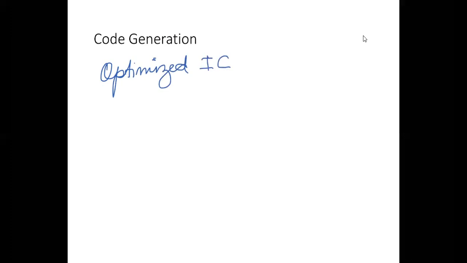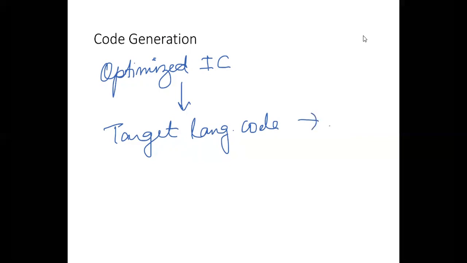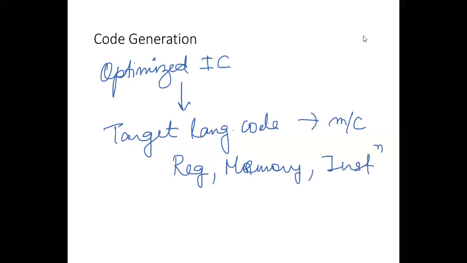If this target language code is your machine language, then you have to see what registers to use, which memory locations to use, which instructions to use. All these are decided in the code generation phase.